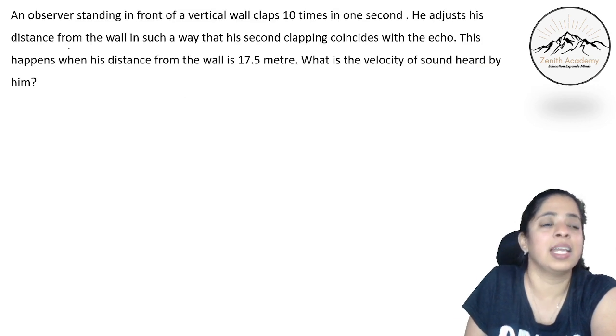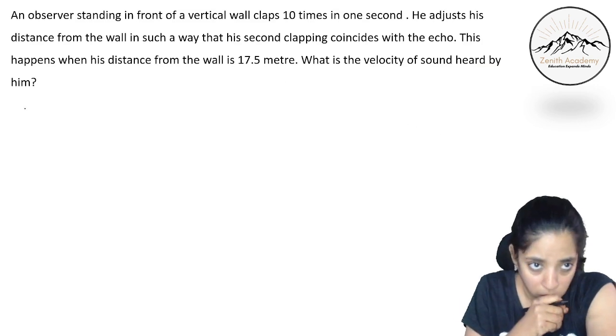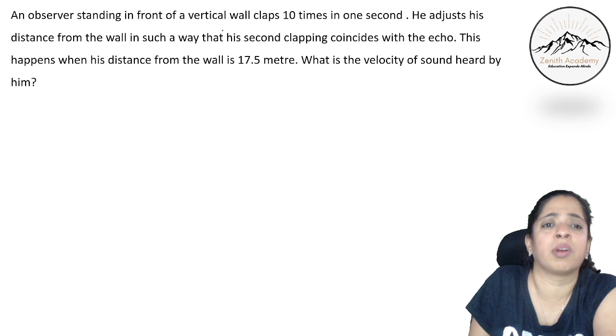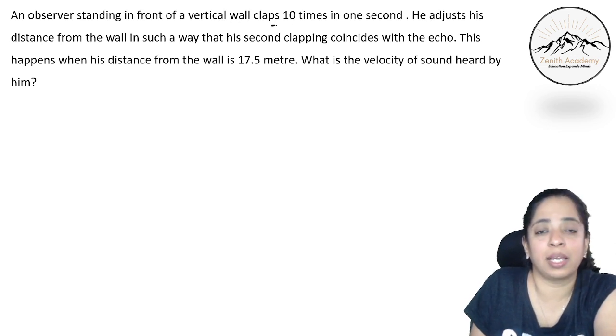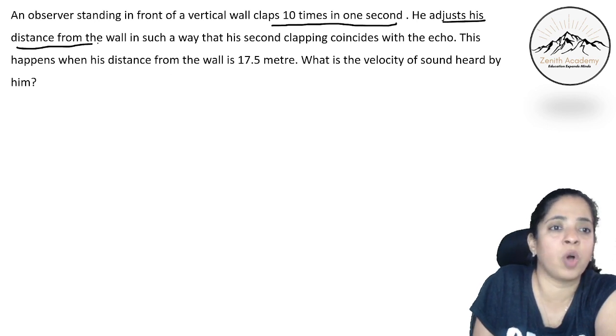Now in the next, an observer stands in front of a vertical wall. Again, clapping. Claps 10 times in a second. He adjusts his distance from the wall in such a way.